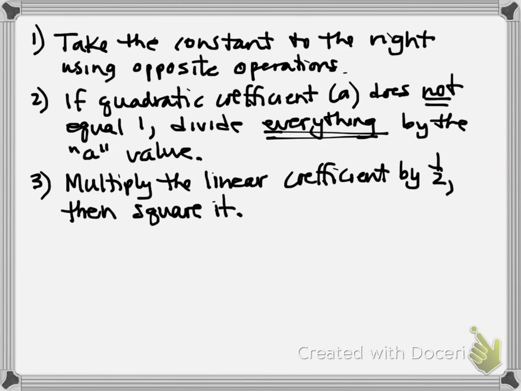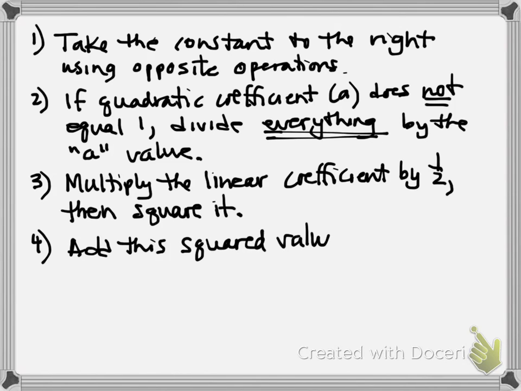This is the most important step, and it's twofold: multiply the linear coefficient by 1/2, then square it. Add this squared value to both sides of the equation.